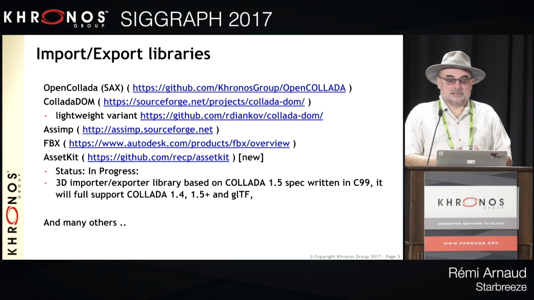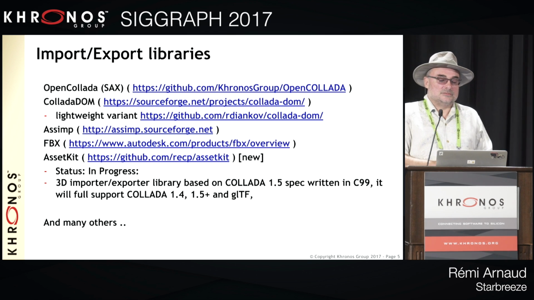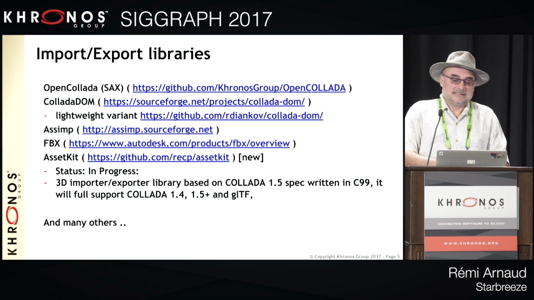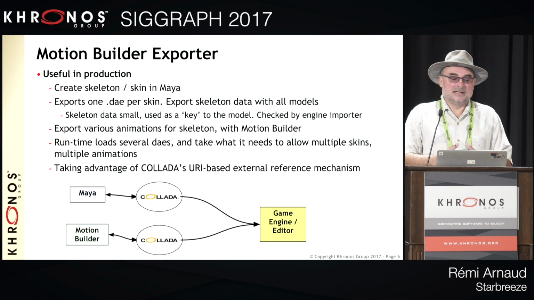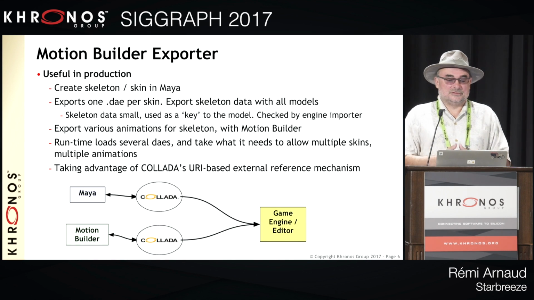You can use FBX, like I said. And there are always new projects that are pretty cool, so I wanted to point that one out. I think it's a studio that's creating new, modern code to do that. So there's always something new based on a spec that's created. That's how standards live after 10 years.